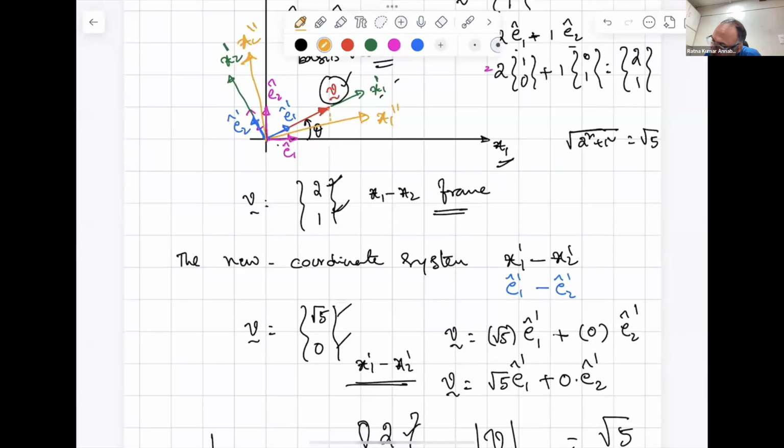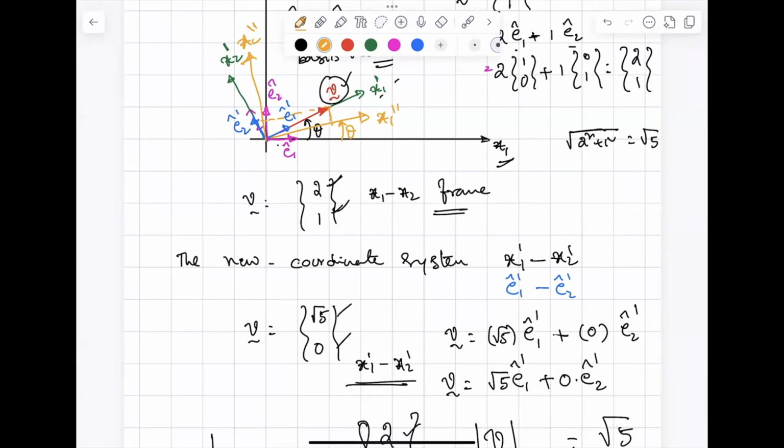This will be my projection onto x1 double dash, and that will be the projection on x2 double dash. Then it will have a different set of numbers depending on this angle theta, isn't it? I could have chosen any coordinate system. Depending on the choice of my frame of reference, the elements of the vector will change. But in all the cases, the magnitude remains the same.